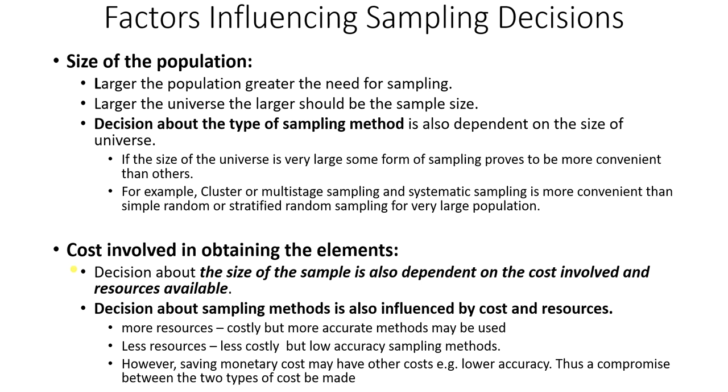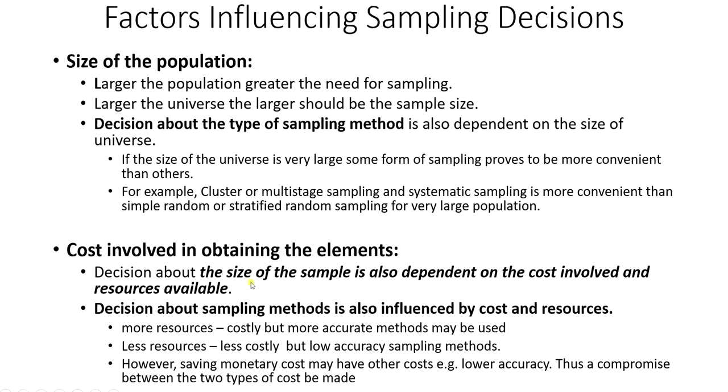For example, simple random sampling, stratified random sampling. But if we have fewer resources, then we are bound to go with less costly, but at the same time less accurate sampling methods like snowball sampling and other non-probability sampling methods. And here we should remember that the lower cost has some hidden other cost.